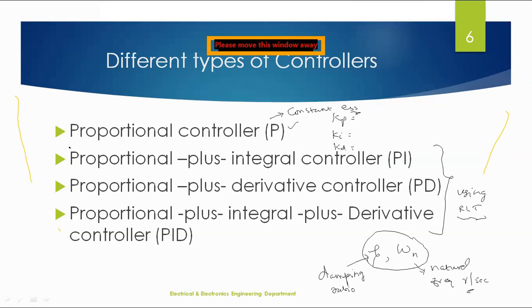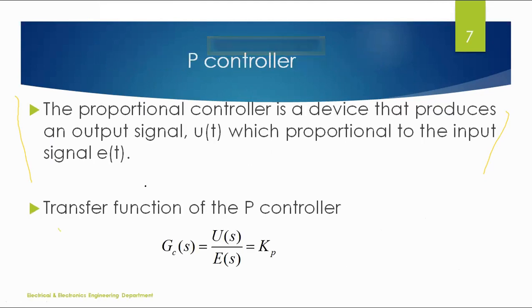In most cases, based on the system performance, we are going to choose PI, PD, or PID. It depends on your requirement. We know that a proportional controller is a device that produces an output signal u(t), which is the controlled or actuating signal, proportional to the input e(t).